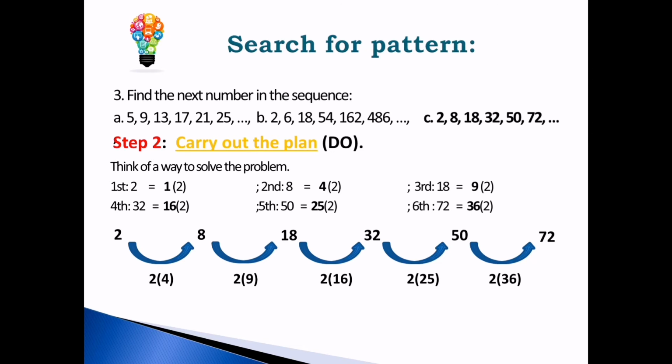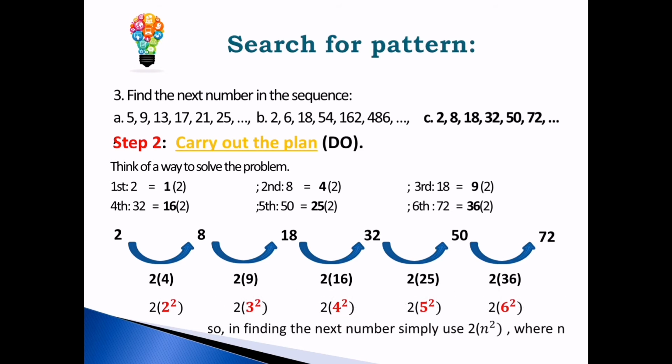So in short, what we're going to do is expand it through exponential form. So right now we have 2 times 2 to the power of 2, 2 times 3 to the power of 2, 2 times 4 to the power of 2, and so on. And if we're going to have this kind of pattern, let us try to assume a variable or a symbol or a letter that will represent this expanded factor, and this is what we call n square.